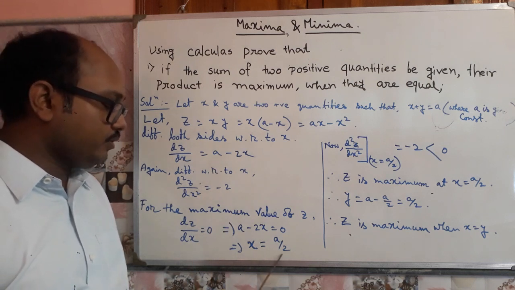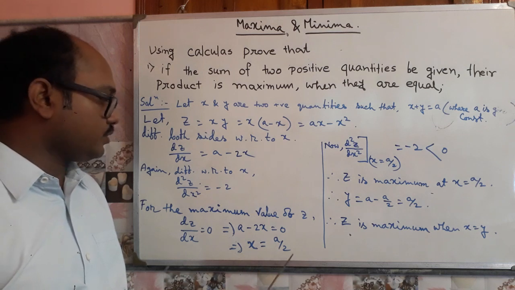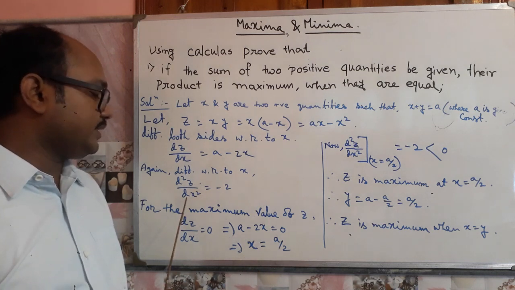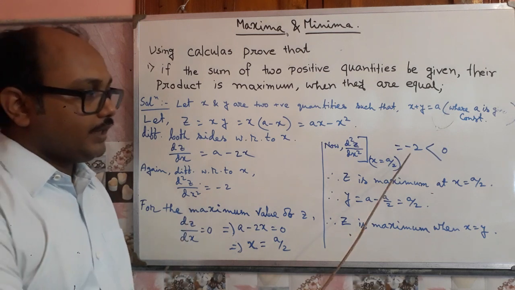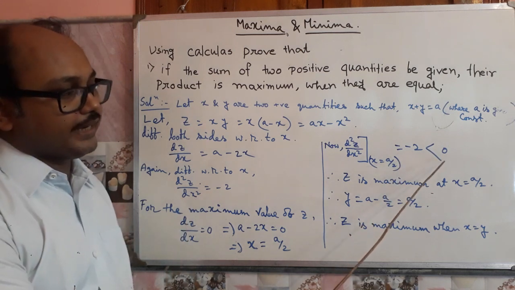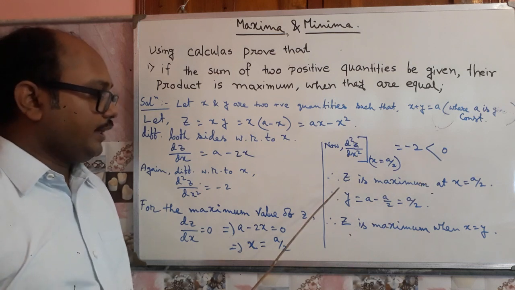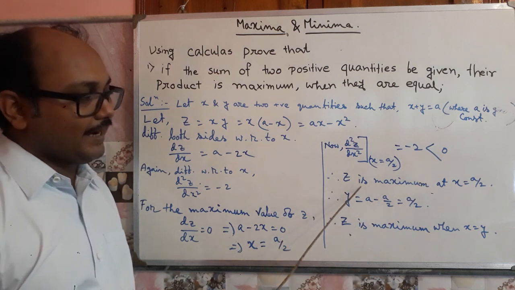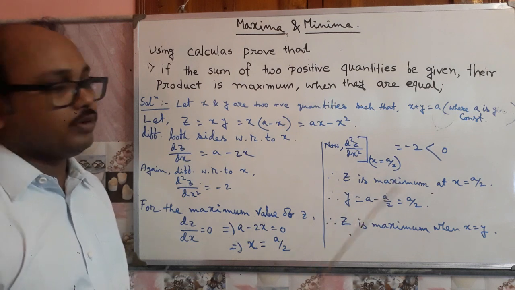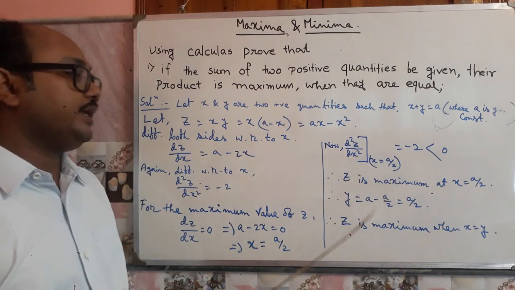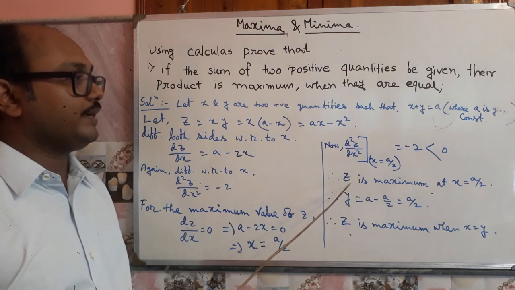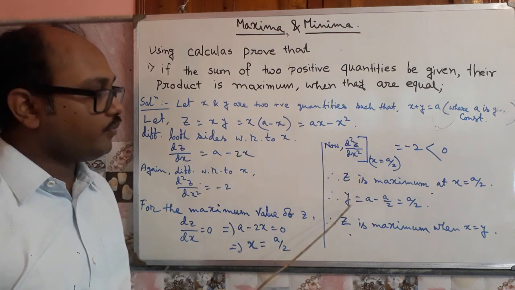Now for x equal to a by 2, what is d2z/dx2, the second order derivative? It is equal to minus 2, less than 0, negative. So z attains its maximum value at this point, that is x equal to a by 2. Now if x is equal to a by 2, what is the value of the other variable y?